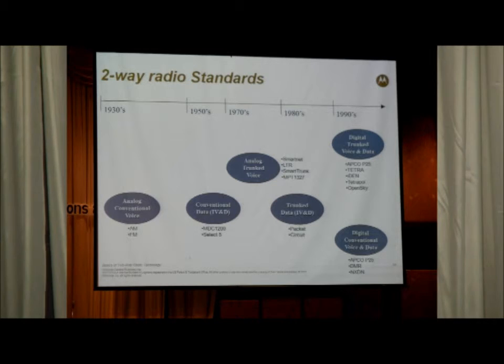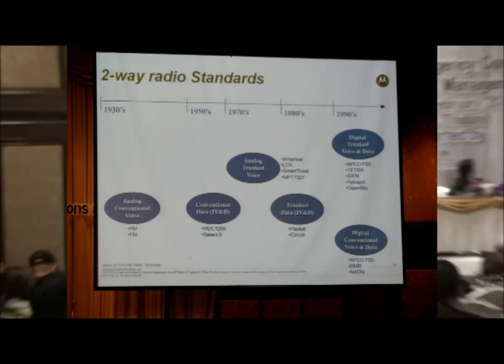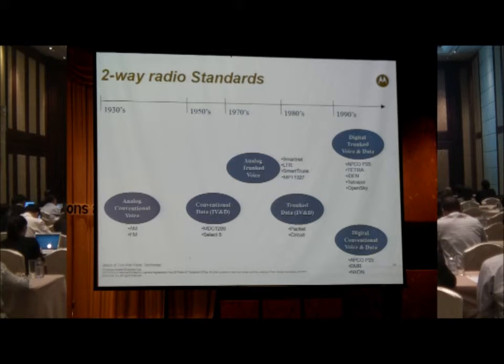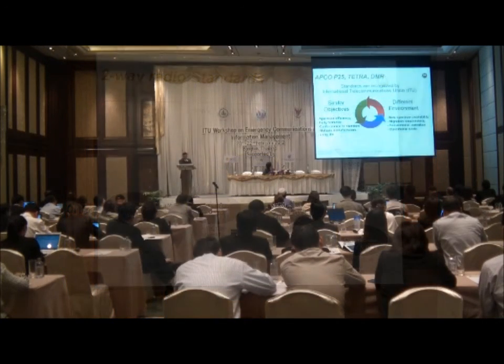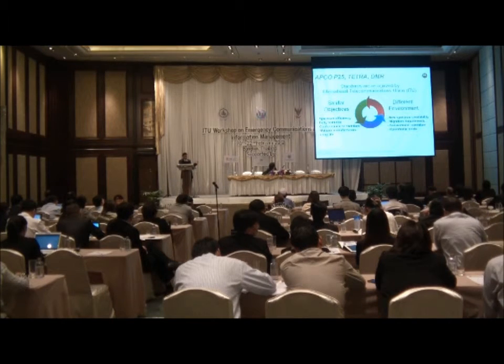They all have almost similar objectives: spectrum efficiency, features, conformance to laid-down standards so you could use different radios on the network, have multiple manufacturers, and have long lives. All this is very well documented. They all work in different environments and multiple spectrum bands. APCO, for example, can work in VHF, UHF, or 800.